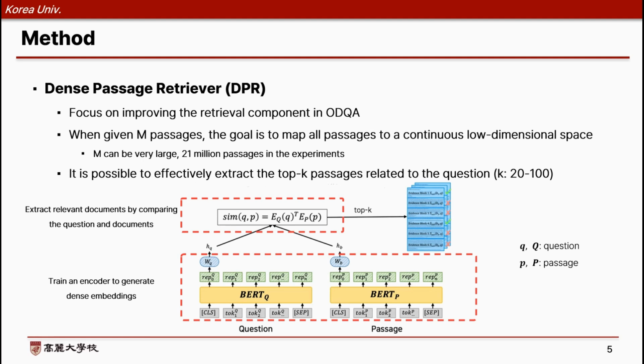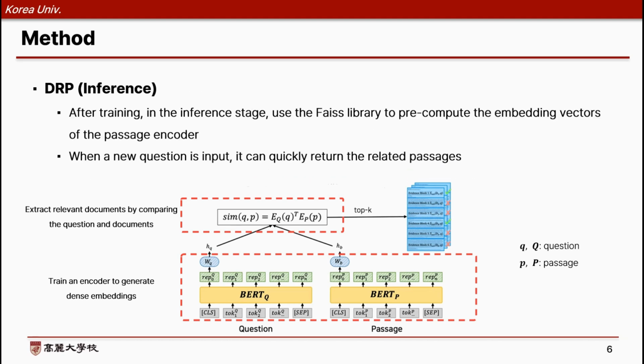There are BERT embeddings from the question and very many passage embeddings, that is 21 million embeddings. After that, the top K passages are extracted by calculating the similarity between the embeddings and the question. Now I will explain inference and training. Inference first.